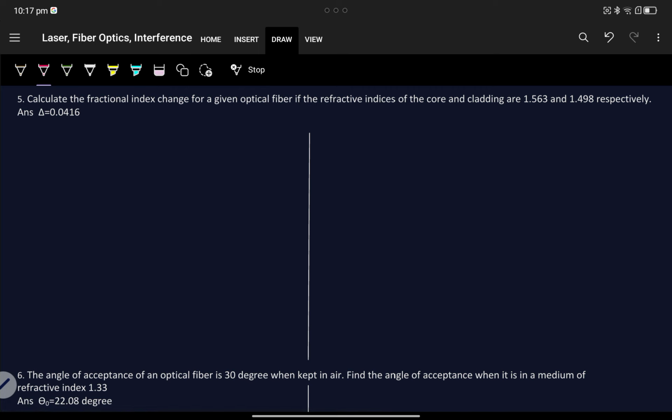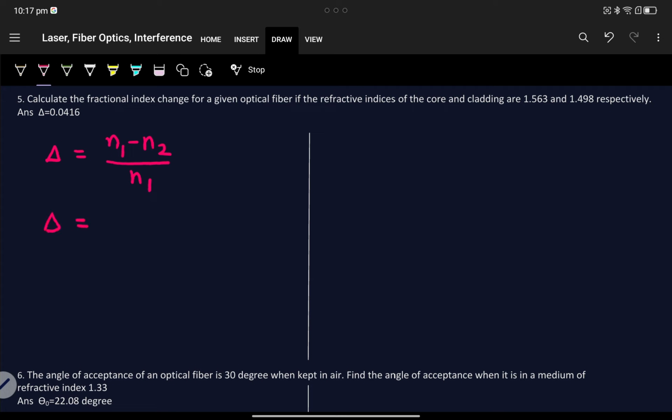Calculate the fractional index change for a given optical fiber if the refractive indices of core and cladding are as given. So for the fractional refractive index, we know the formula is n1 minus n2 divided by n1.